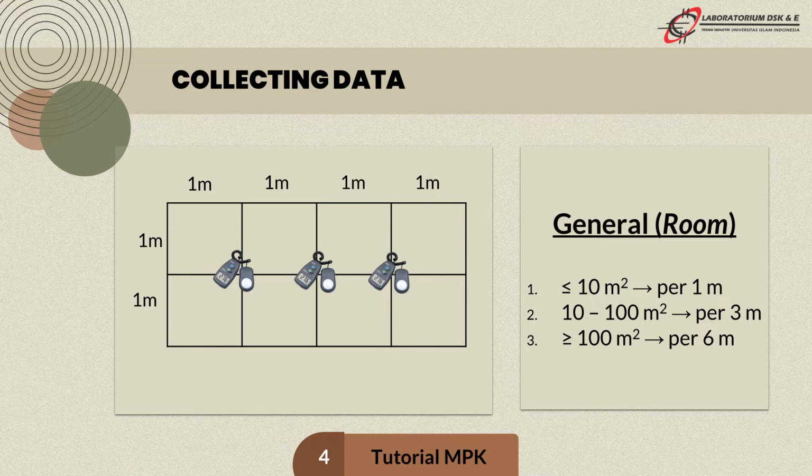If the area of the room is between 10.1 and 100 square meters, the intersection points are at a distance of every 3 meters. Then if the room's area is more than 100 square meters, the intersection points of the length and the width of the room are at a distance of 6 meters.